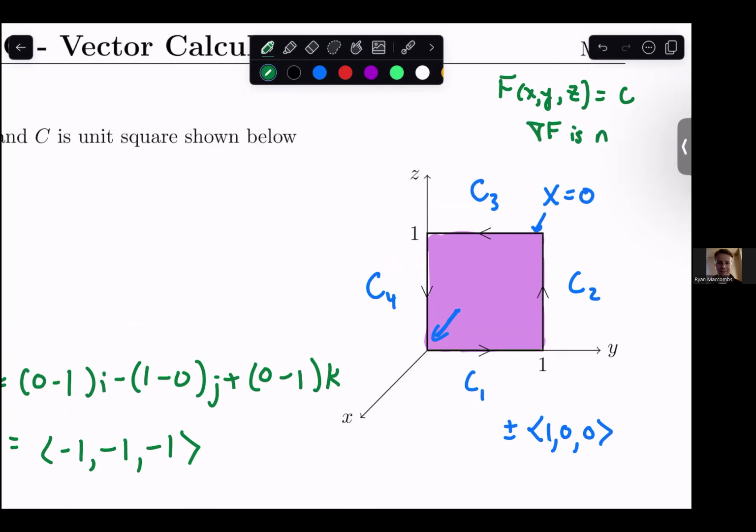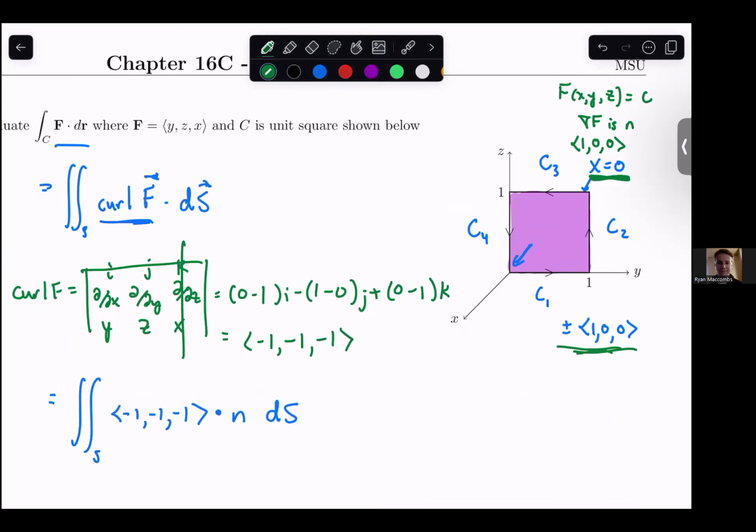So if I was to look at my equation, notice it almost looks too easy, right? We have all of our variables on one side, and we have a constant on the other side. If I was to take my gradient, I need to do a partial derivative with respect to x, a partial derivative with respect to y, a partial derivative with respect to z, right? That's going to be a perfectly good normal vector. Now you would still need to make that a unit normal vector, and you need to think about orientation, so there could be the plus and the minus, right? But this would be a perfectly good normal vector. So we get the same result as we had here.